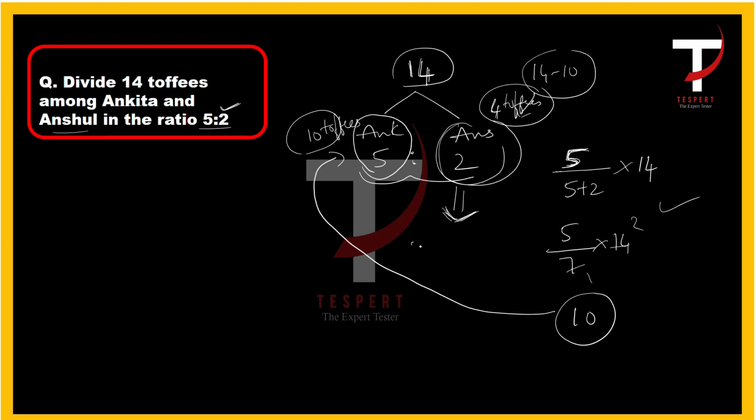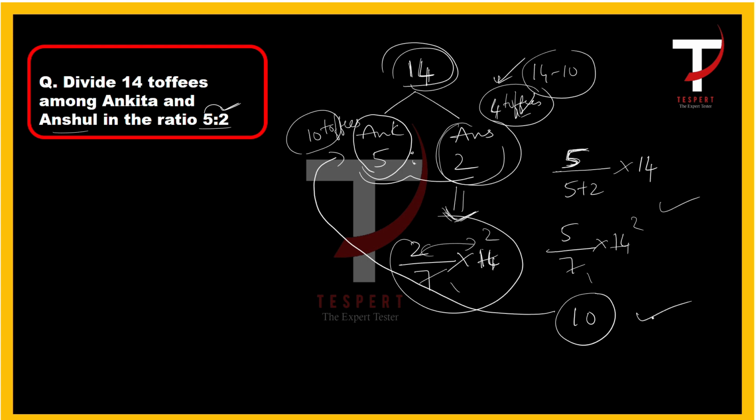So 2 by total parts 5 plus 2, 7, into the total quantity here, which is 14. So 2 into 2 is 4, right? So 4 we got. So instead of doing this, already we calculated Ankita's part, so we directly subtracted it from the total toffees, right?